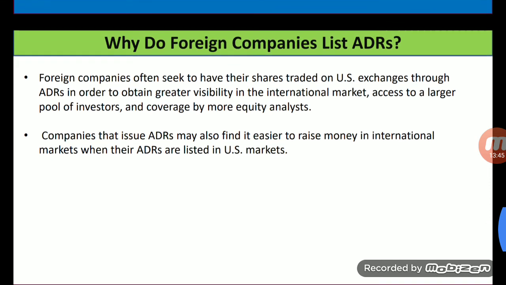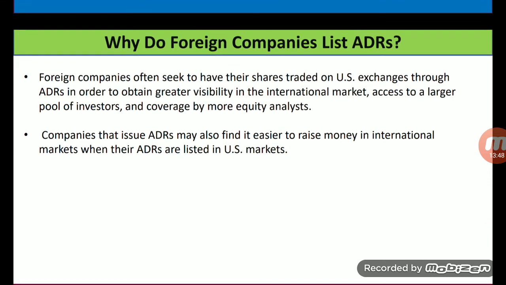Next thing is, why do foreign companies list ADRs? The simple answer is foreign companies often seek to have their shares traded on US exchanges through ADRs. The main reason is to obtain greater visibility in the international market, access to a larger pool of investors, and coverage by more equity analysts.